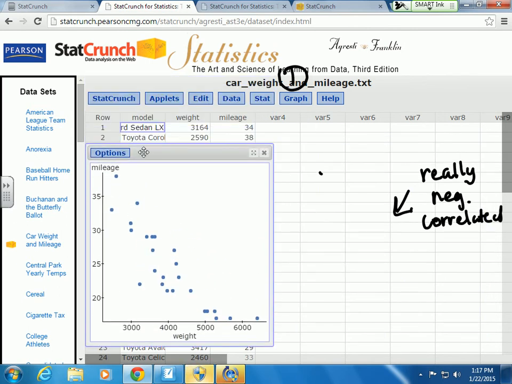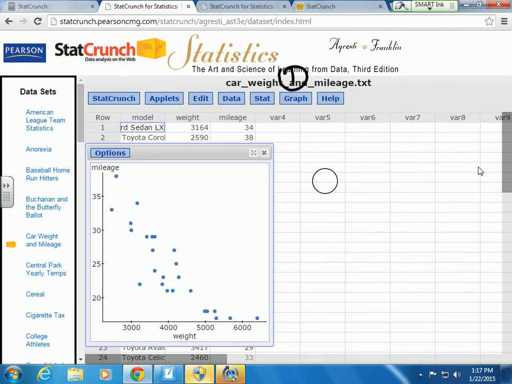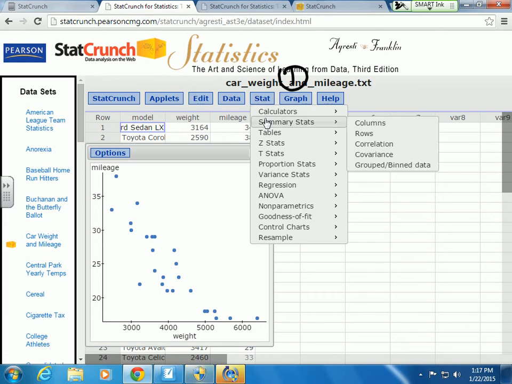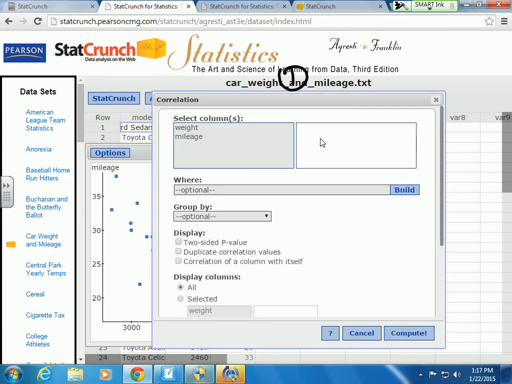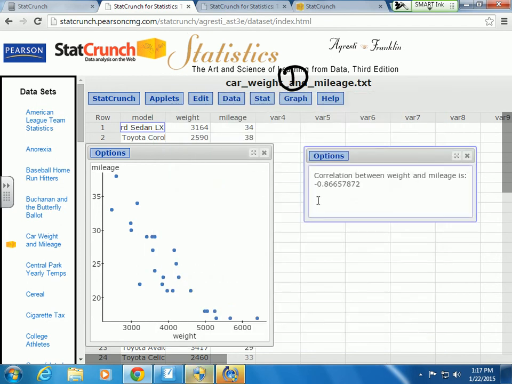Let's just keep it in mind over here. I kind of have to erase some stuff as we go along because of my fancy screen. And then here I want to go to the stats, and if we go to the summary stats and look at the correlation of these two variables, that is the correlation coefficient, and this number matches this picture very well.